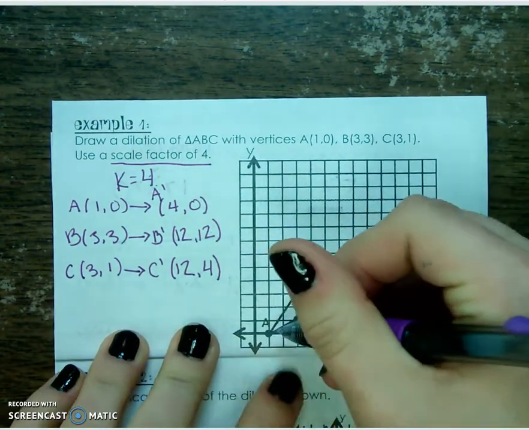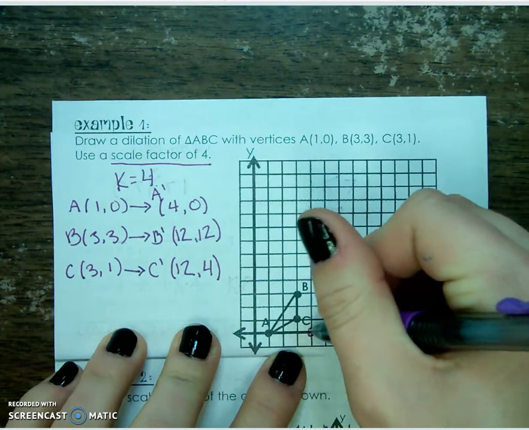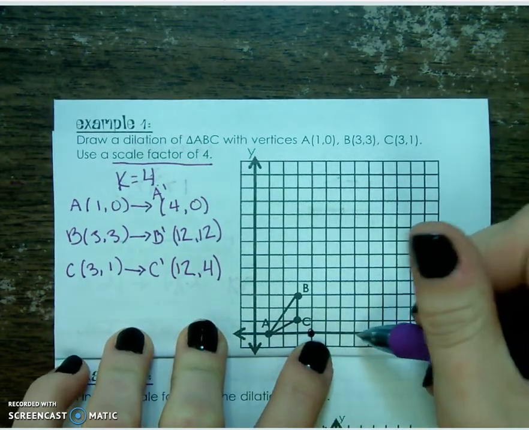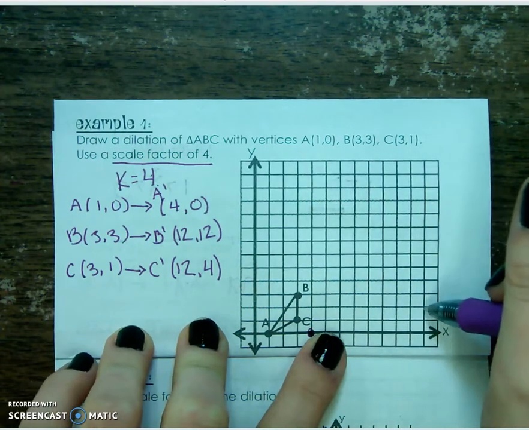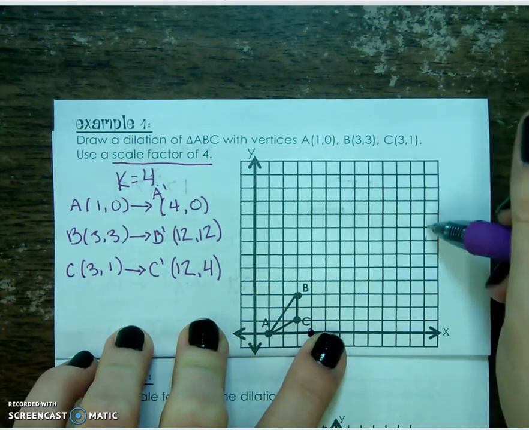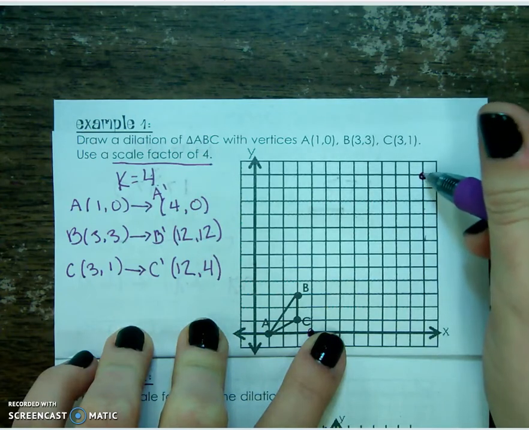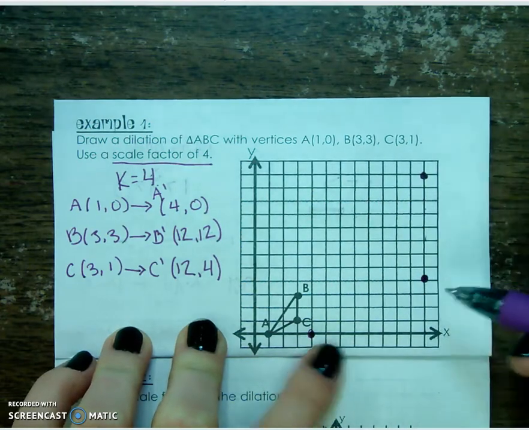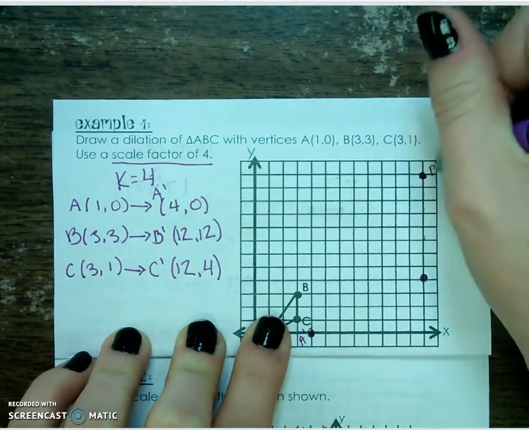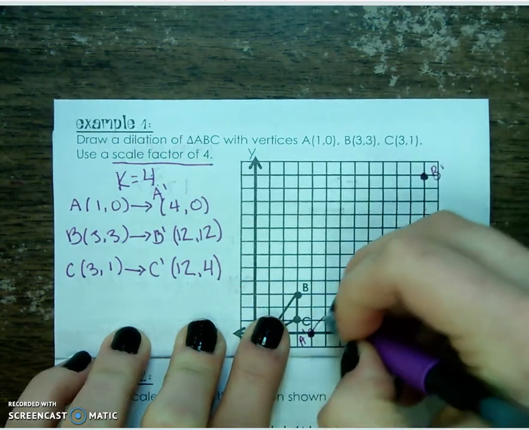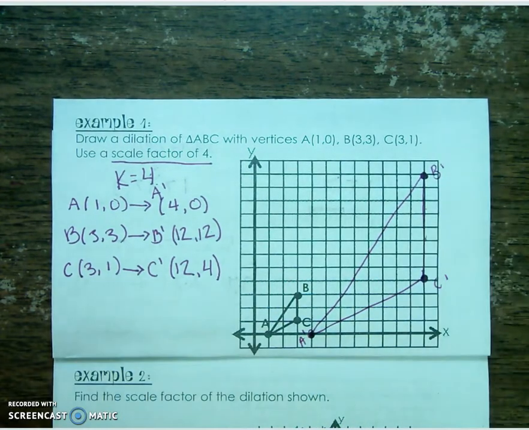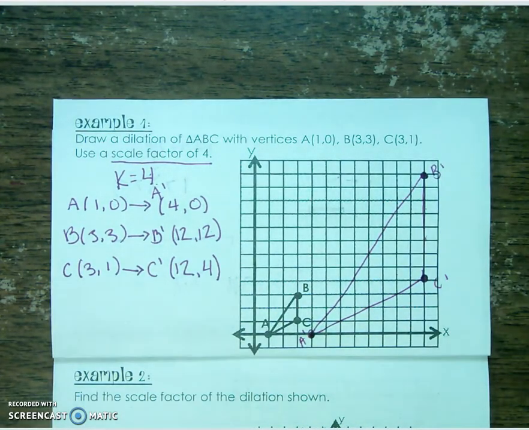I'm going (4, 0), (12, 12), and then (12, 4). That was A prime, B prime, and C prime. That figure was dilated or enlarged with a scale factor of 4.